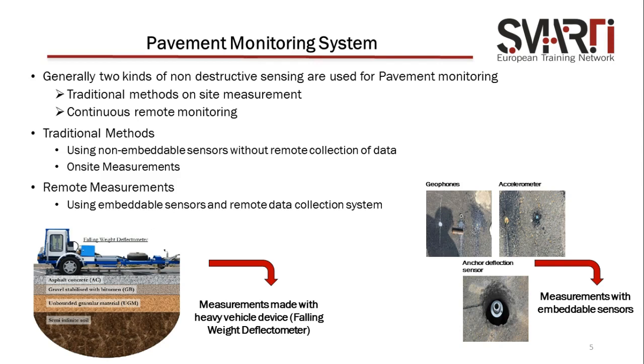So we are working on remote measurements, where sensors embedded in the pavement are connected to a data acquisition system, which gives us information continuously without the need to be on site.